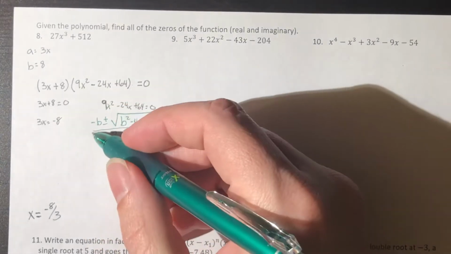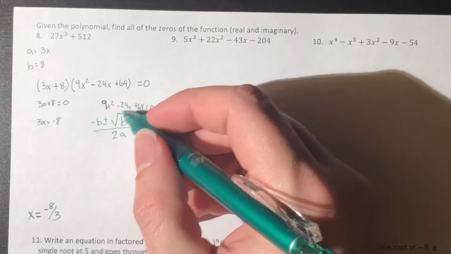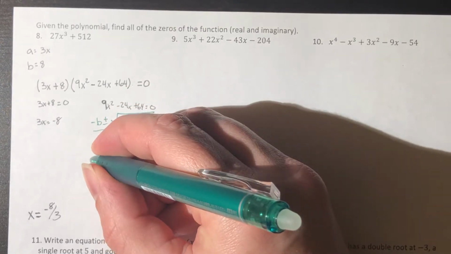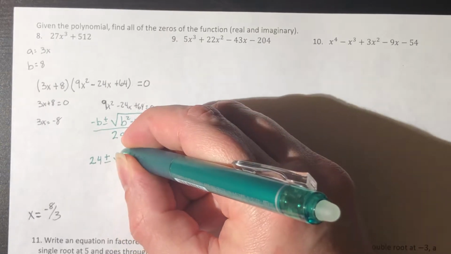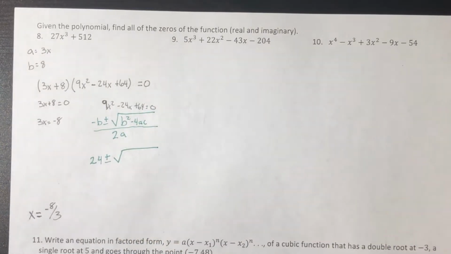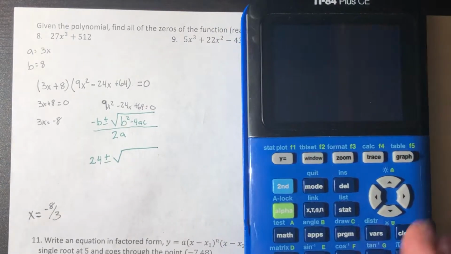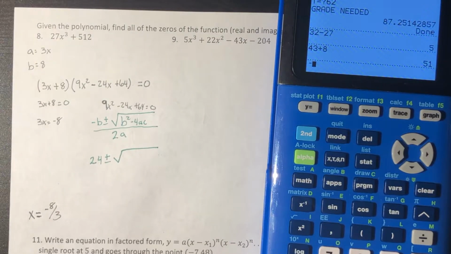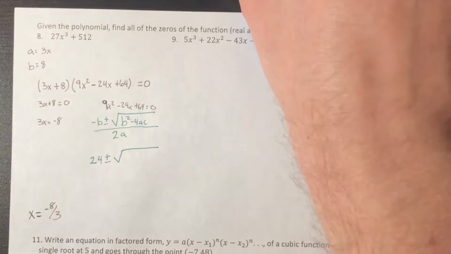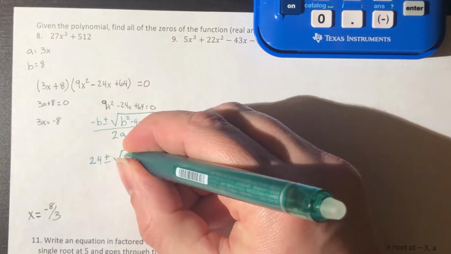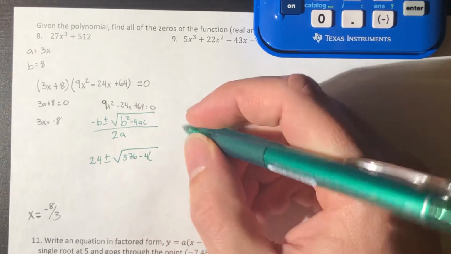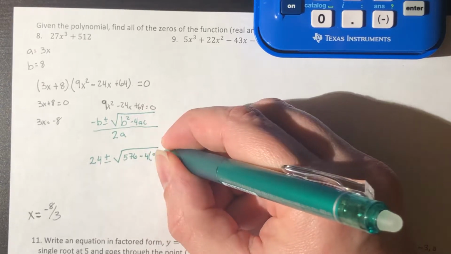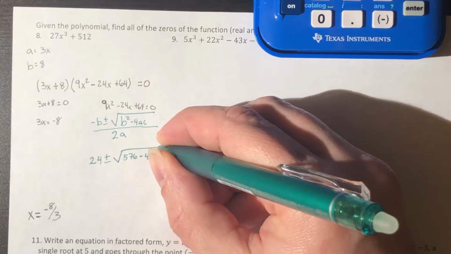So I have negative b, so b is negative 24, negative of that would be positive 24, plus or minus the square root of b squared, so that is negative 24 times negative 24, which is 576, minus 4 times a, which is 9, times c, which is 64.